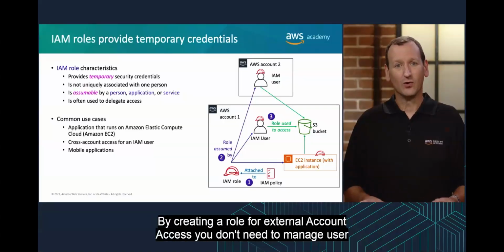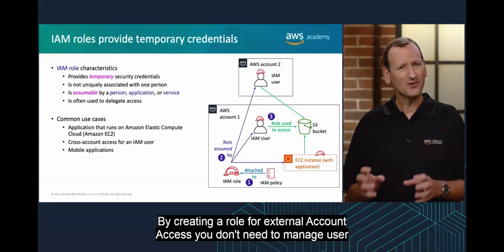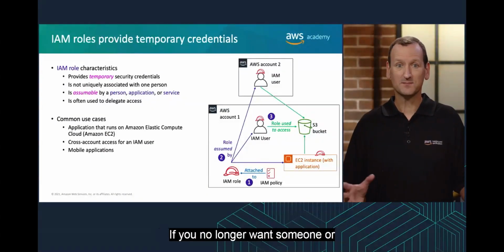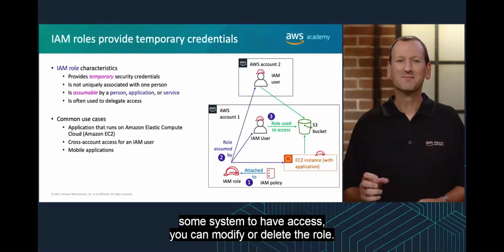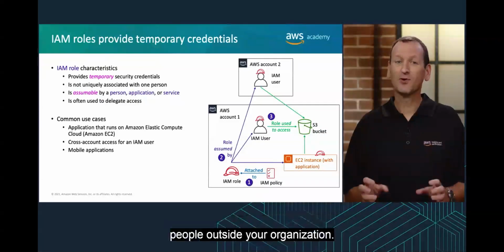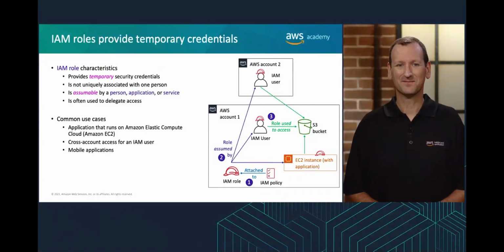By creating a role for external account access, you don't need to manage usernames and passwords for third parties. If you no longer want someone or some system to have access, you can modify or delete the role. Thus, you don't need to create and manage accounts for people outside your organization.